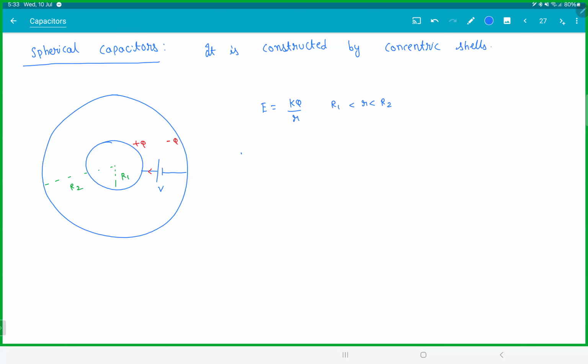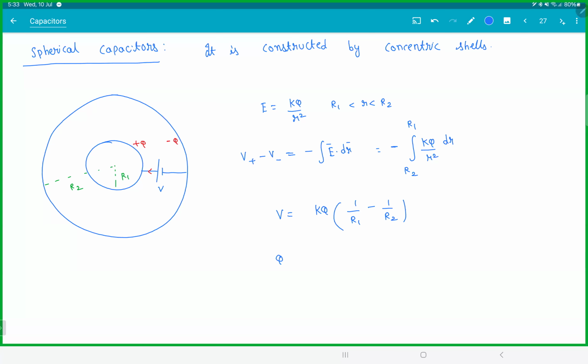So this is the field, and we can write the potential difference, V plus minus V minus, is integral E dot dr. This would be integral KQ by r square dr. Limits will go from R1 to R2 because you took plus as the upper limit and the lower as this thing. So this will give you the potential difference V is equal to KQ (1 by R1 minus 1 by R2).